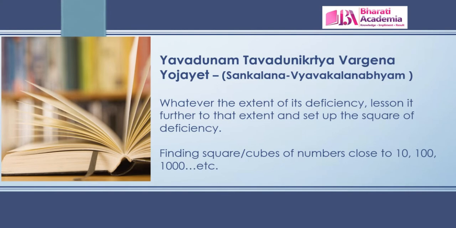Parent sutra is Sankalana Vyavakalanabhyam. Whatever the extent of its deficiency, lessen it further to that extent and set up the square of the deficiency. Finding squares and cubes of numbers close to 10, 100, 1000, etc.